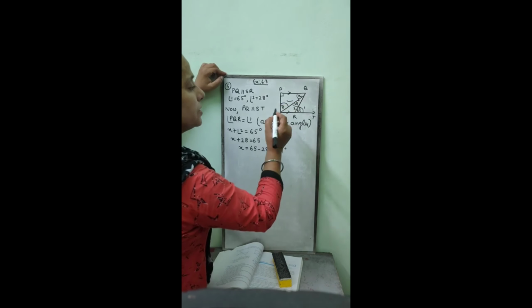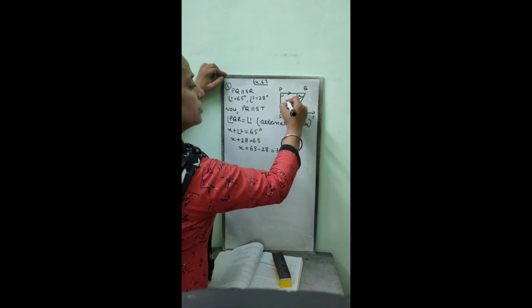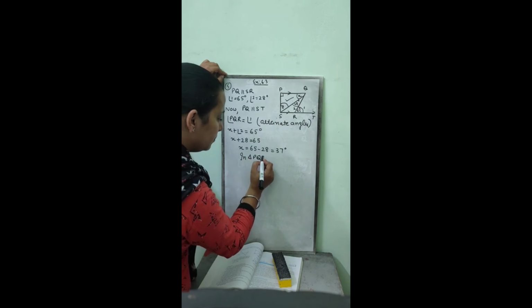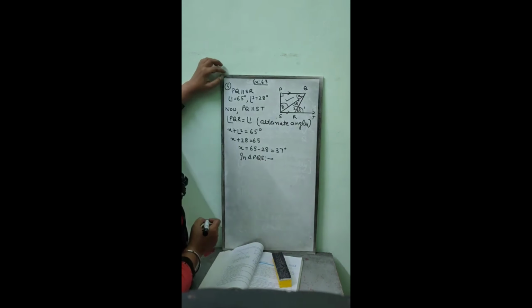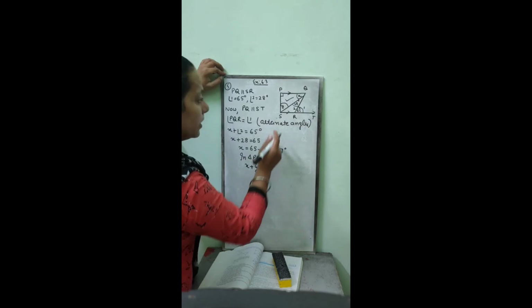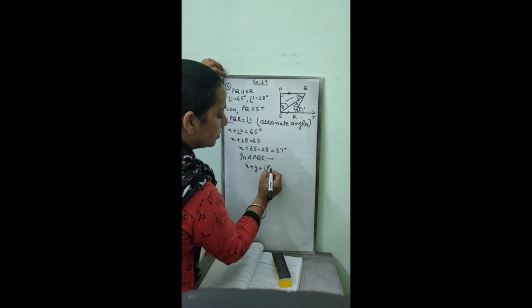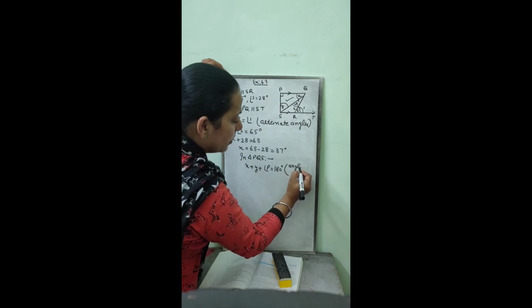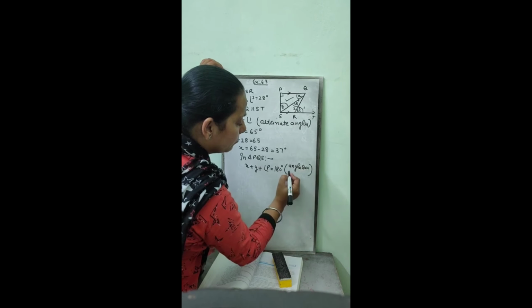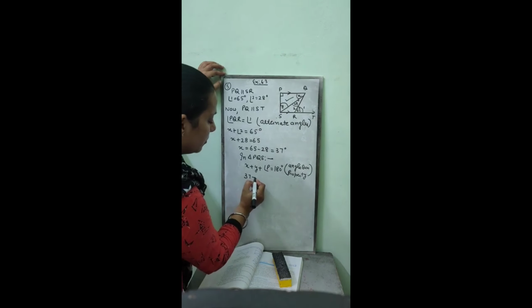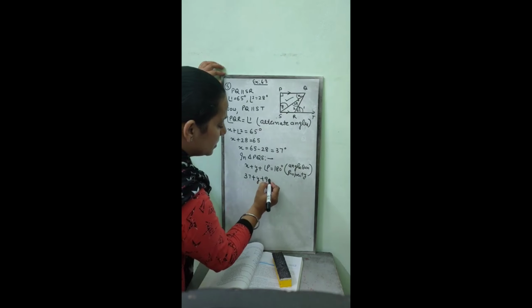Now consider this triangle PQS. In triangle PQS, we have three angles: one is x, then y, then angle P. The total is 180 degrees due to the angle sum property. x is 37, y is as it is, angle P is 90.